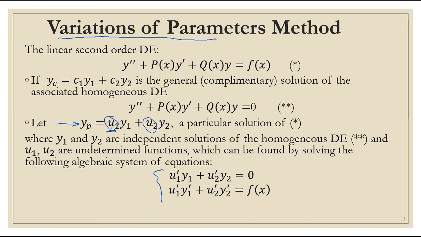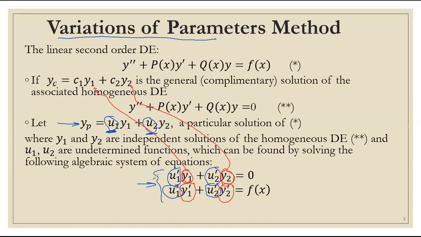Professor, you asked me to find u1 and u2 from those two equations, but there are no u1 and u2 in those equations. Actually, by solving those two equations, you will find u1 prime and u2 prime. Then integrate u1 prime and u2 prime to get u1 and u2. Don't forget that y1 and y2 are known functions from the complementary solution, and y1 prime and y2 prime are their derivatives.